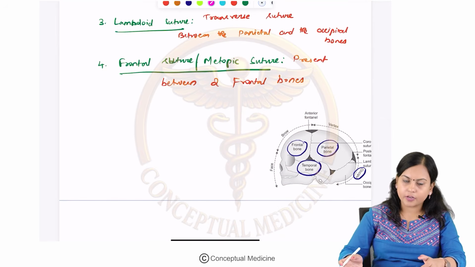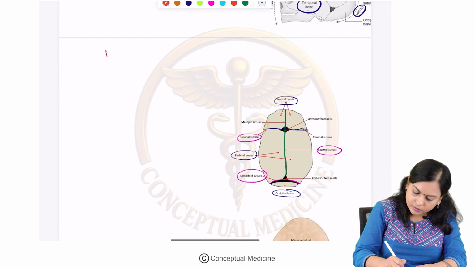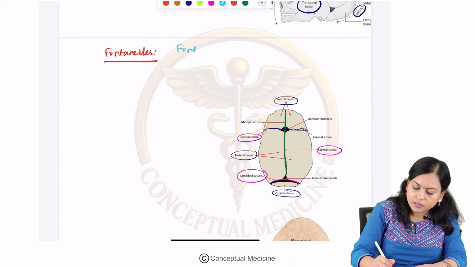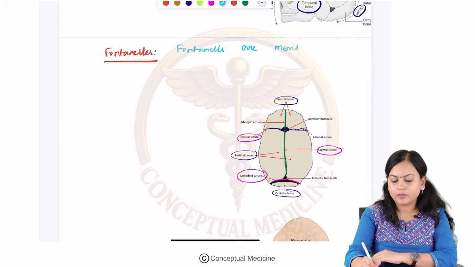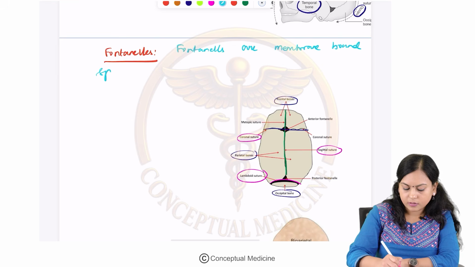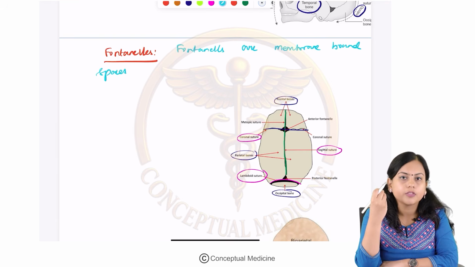We will see the various fontanelles now. What are fontanelles? Fontanelles are membrane bound spaces. Okay, so the rest of the vault will get ossified, but these fontanelles are going to be covered only by the membranes.